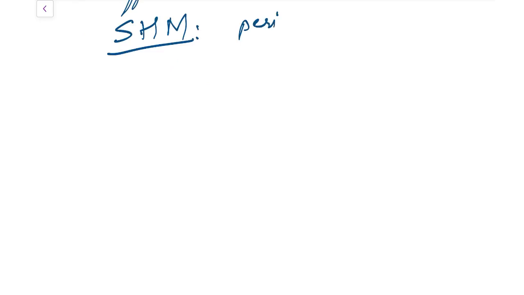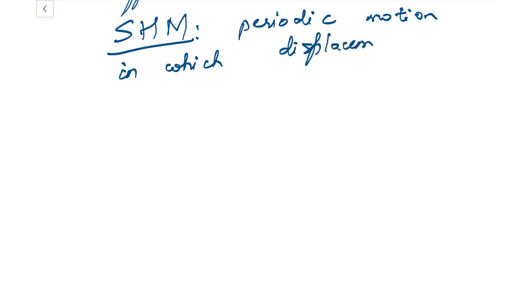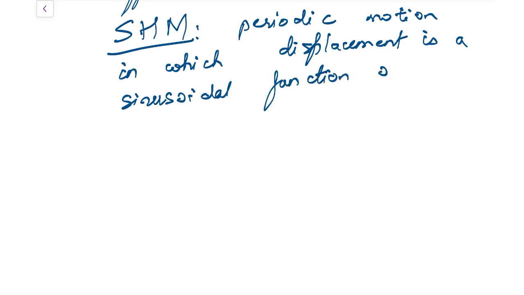Finally, I'll discuss our final topic for today, which is simple harmonic motion. Simple harmonic motion is nothing but a periodic motion in which displacement is a sinusoidal function of time.